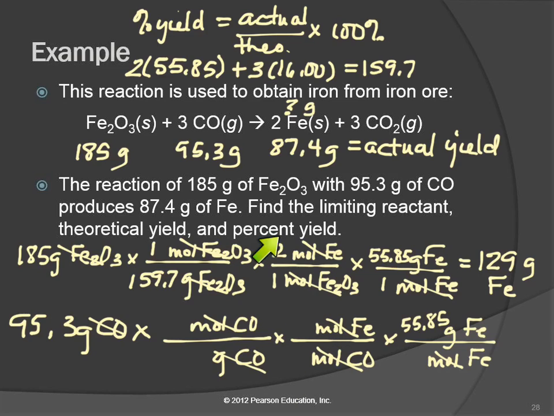The term in the middle comes from the balanced chemical equation. 3 COs give us 2 Fes. So 2 Fe, 3 CO. And then here we need the molar mass of carbon monoxide. Let's throw it up here in the corner. It's 1 carbon and 1 oxygen, and so that's 28.01.